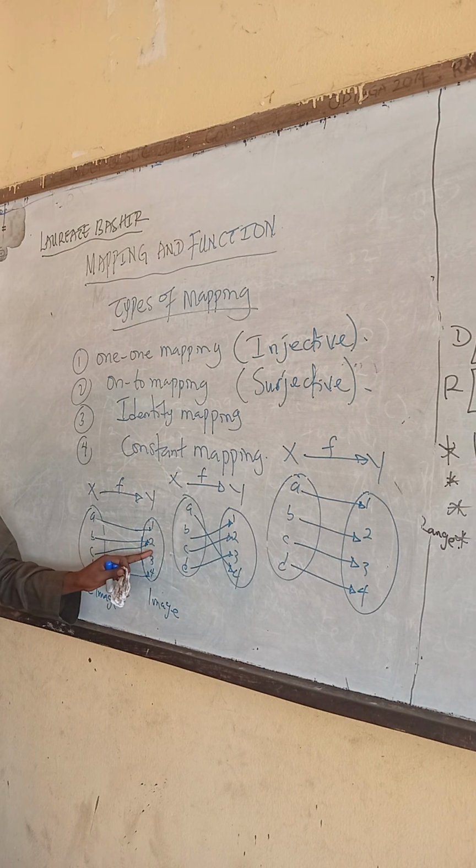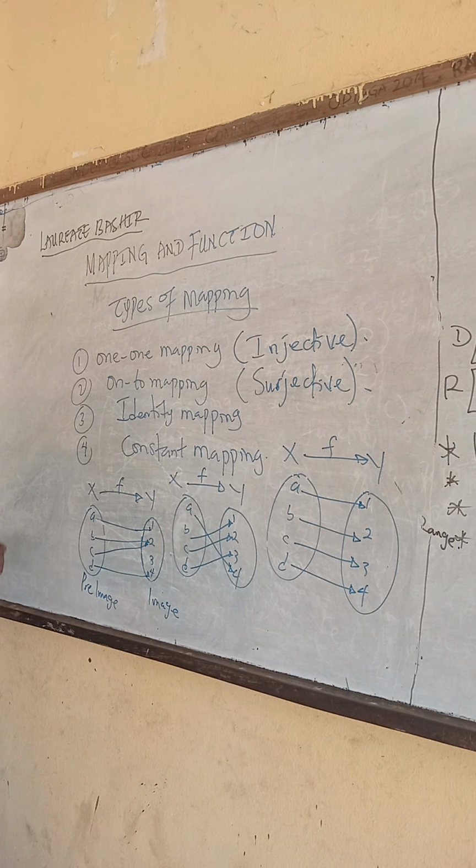You have to write it once. So an element in the domain produces a particular thing, and another element produces the same thing.